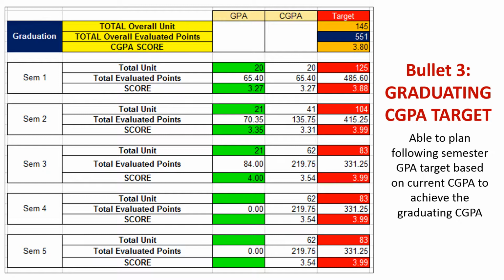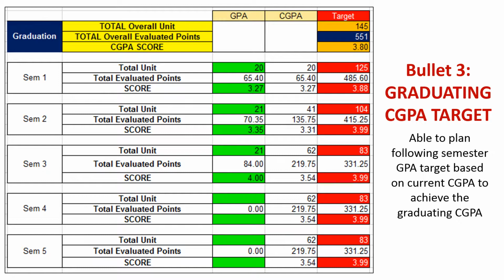So for the second semester, okay, he takes out 21 apples or 21 units, and he knows that for these 21 units he must now give an apple value of 3.88. So for the second semester, his target is 3.88. So you will go back to bullet 2, you work together with the students in terms of the percentage target.